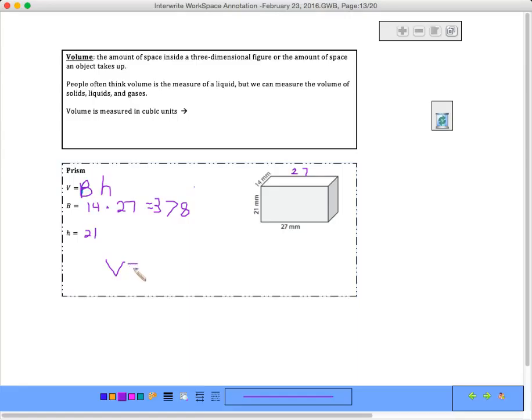My overall volume is the area of the base, which we said was 378, times the height, which is 21, which equals 7,938 millimeters, and we always write this cubed for volume.